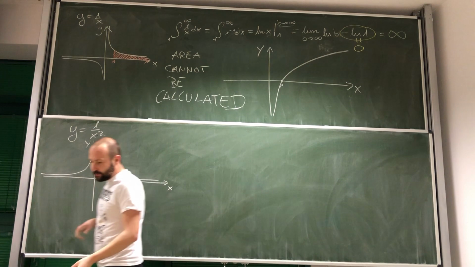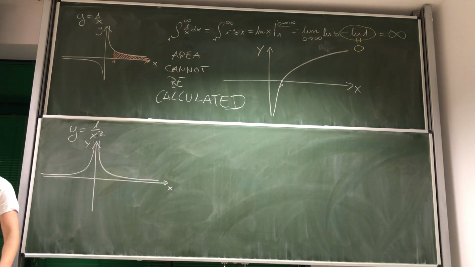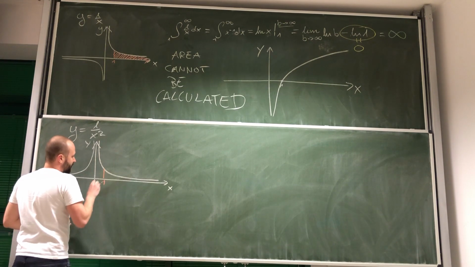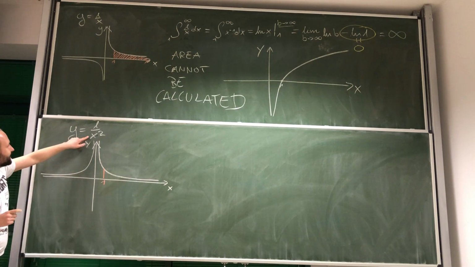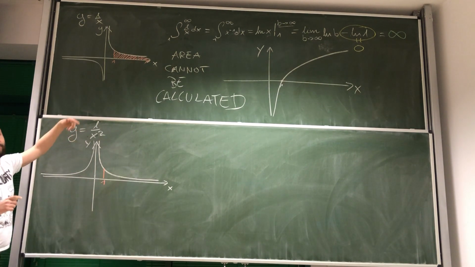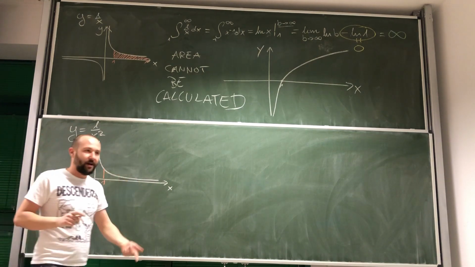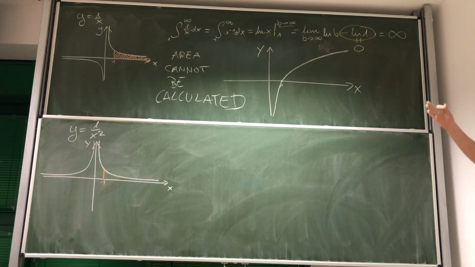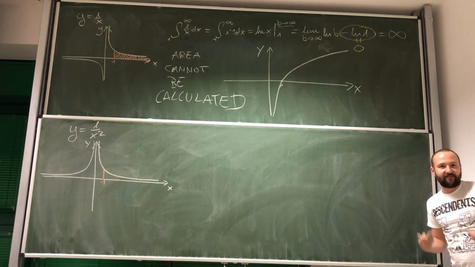Here, values of the function actually are dropping a little bit faster. Because, look, if x is 2, we've got 1 over 4. Then we've got 1 over 9, 1 over 16, 1 over 25. So you see, the values of this function are declining faster.